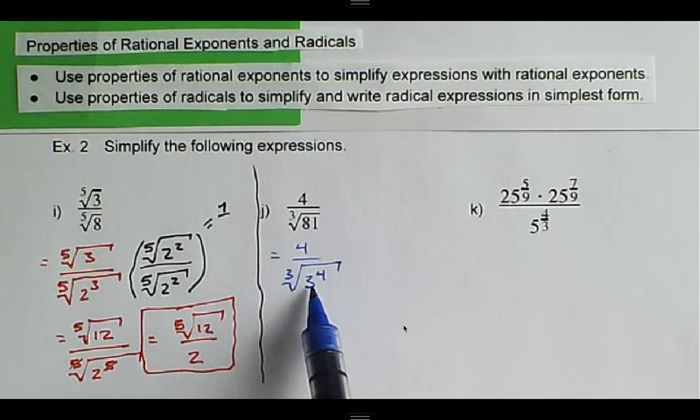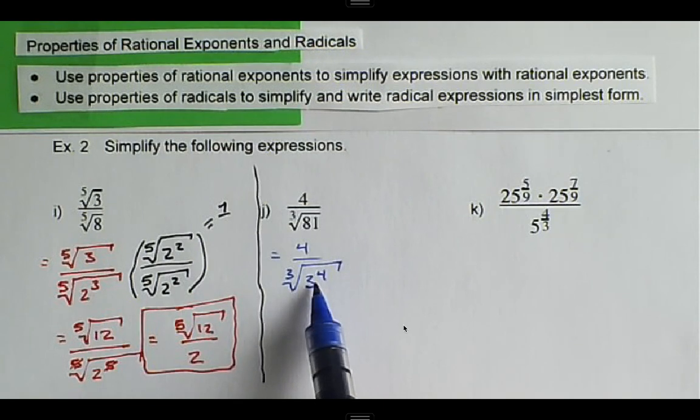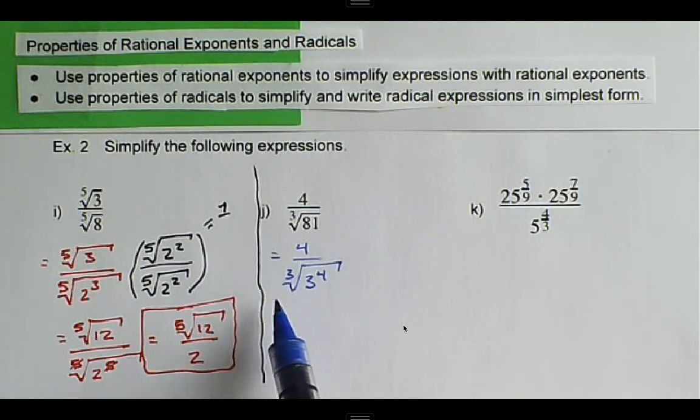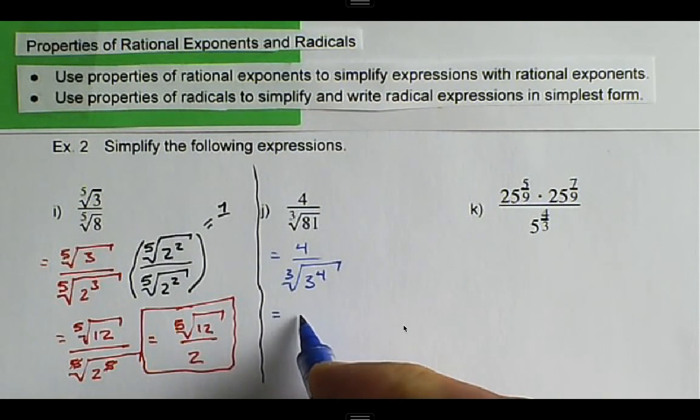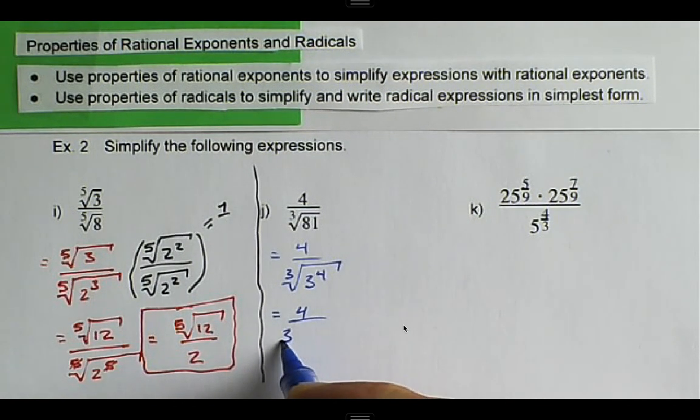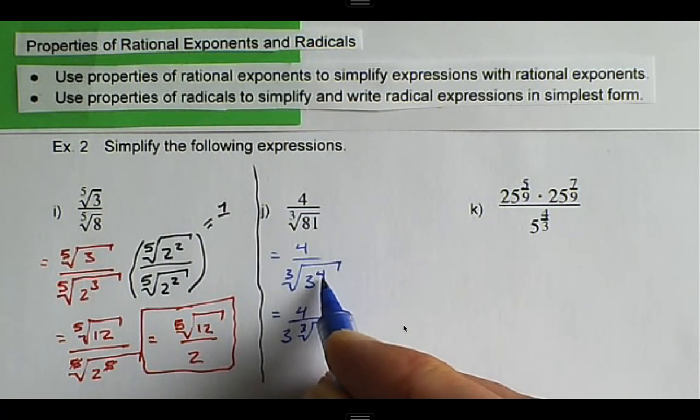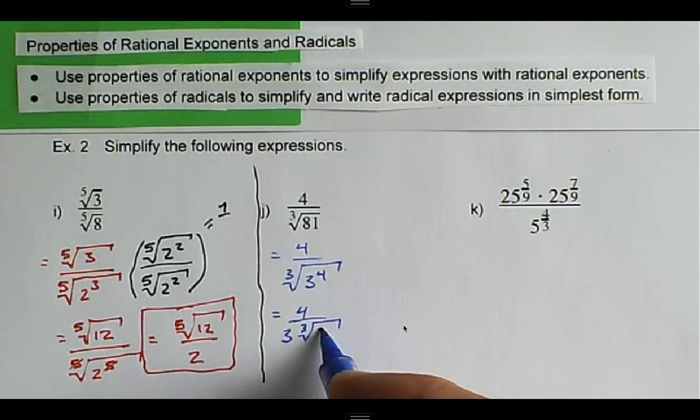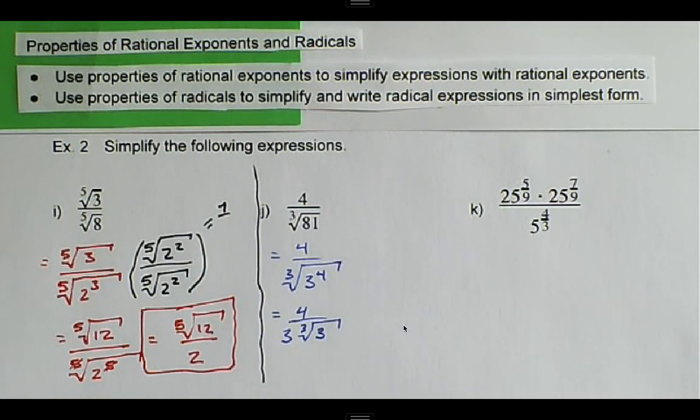And so we need to have 3. Right now we have 4. So we can actually take 3 of these out of the radical. So we have 4 over 3, and then we still have the third root. We took 3 out, and there was 4 there originally, so we still have 1 3 under the radical.